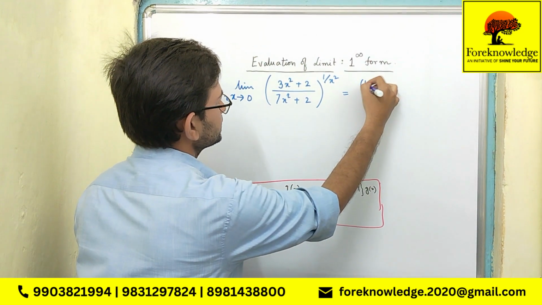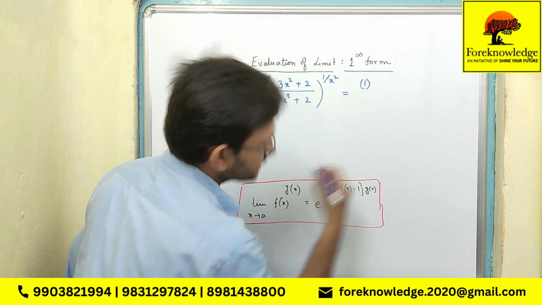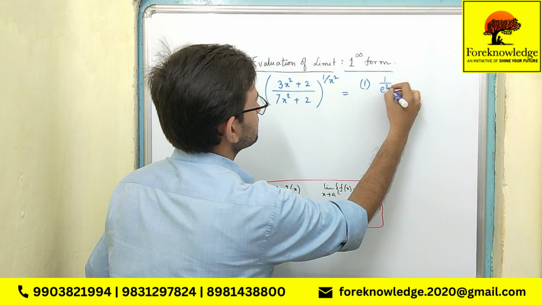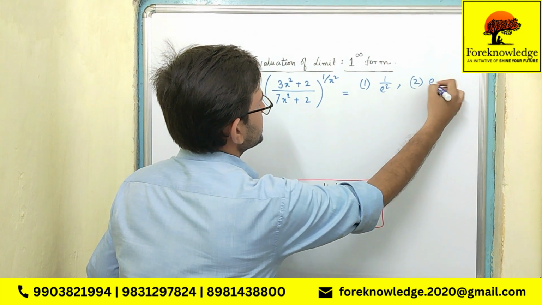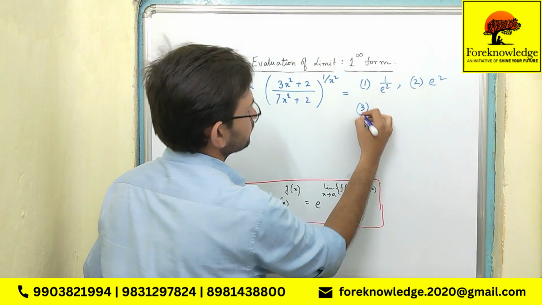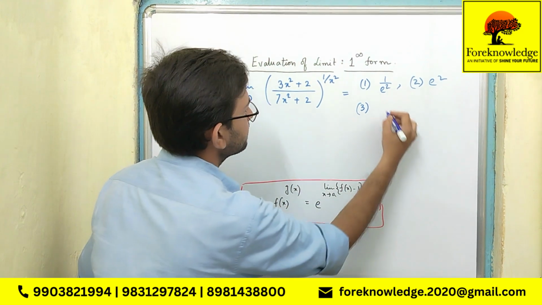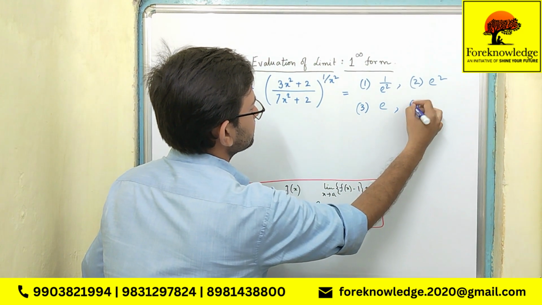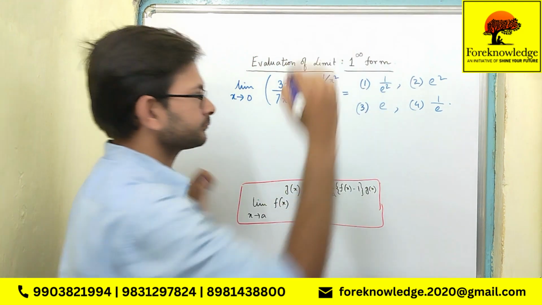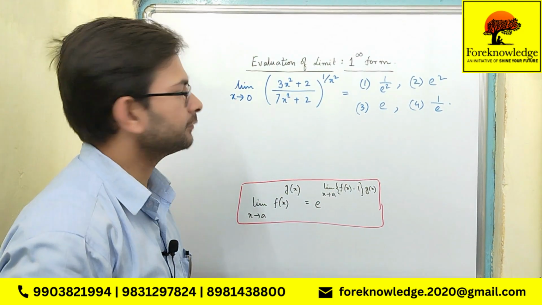There are 4 options: 1 by e square, e square, e, 1 upon e. We have to solve the problem.